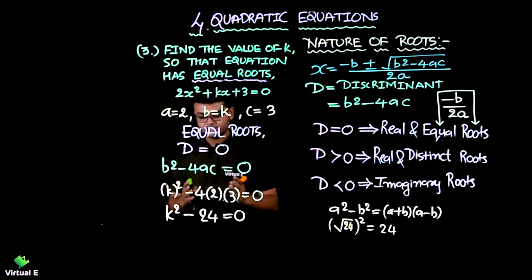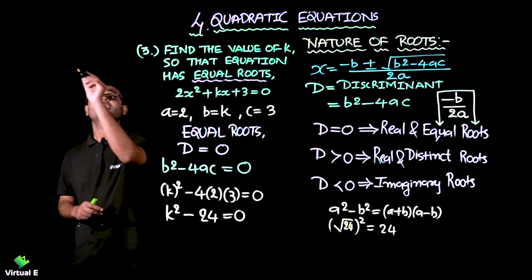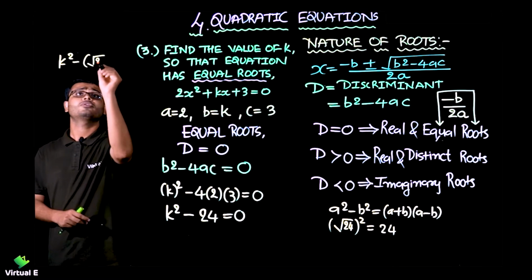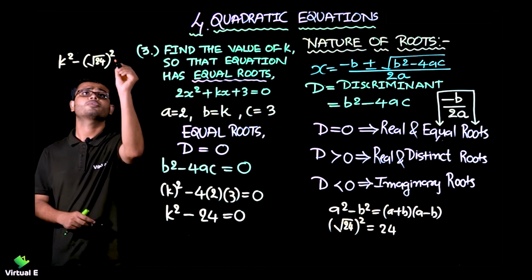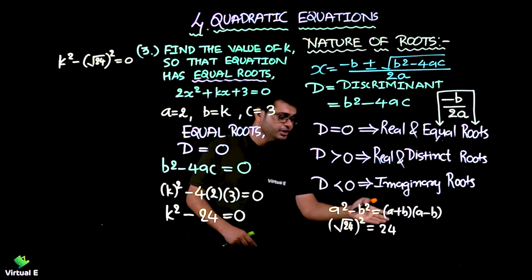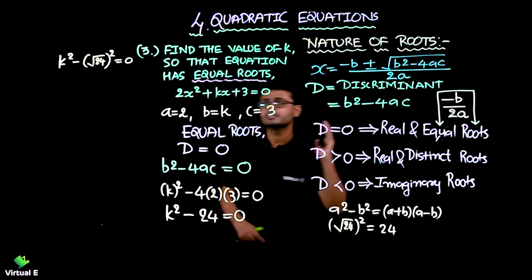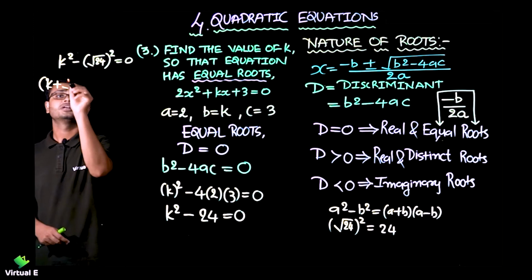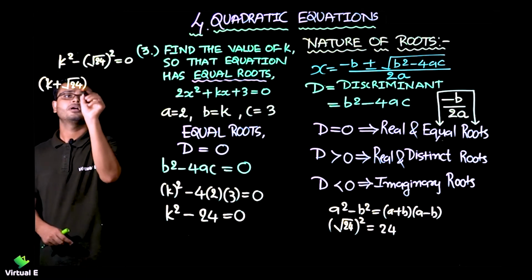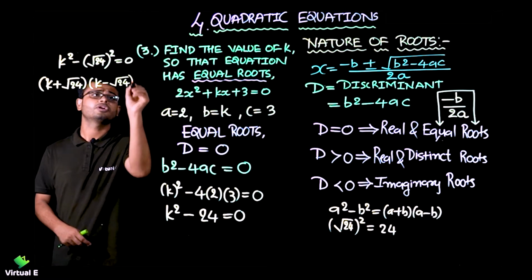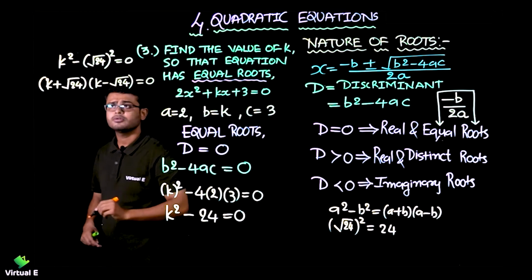So k square minus square root of 24 whole square is equal to 0. One time I will take addition, second time subtraction. So k plus square root of 24 and k minus square root of 24 is equal to 0.